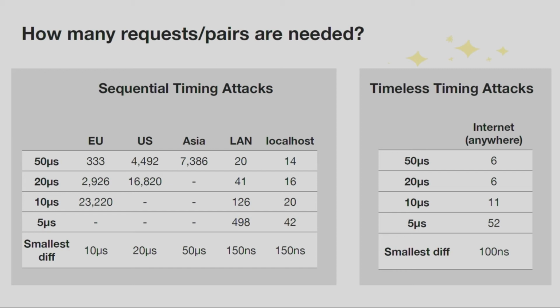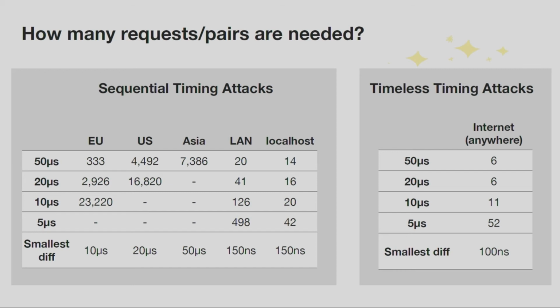And because these timeless time attacks are immune, let's say, from the jitter occurring on the network, it doesn't actually matter from where we send the request. So then the best one would be local host, and as you can see, the performance is somewhat similar.